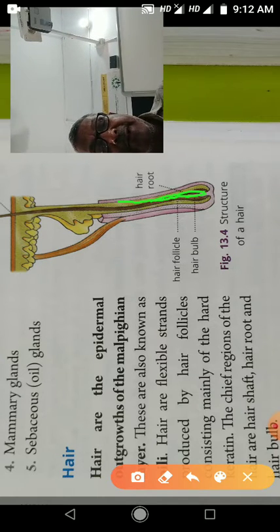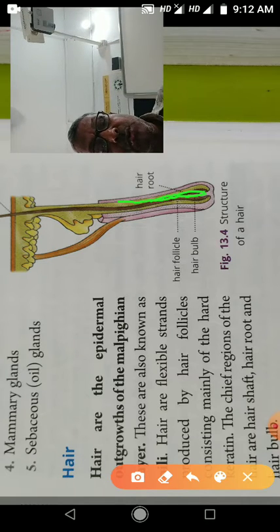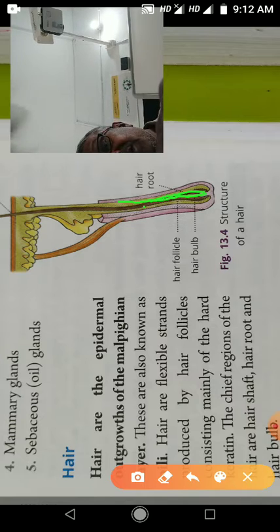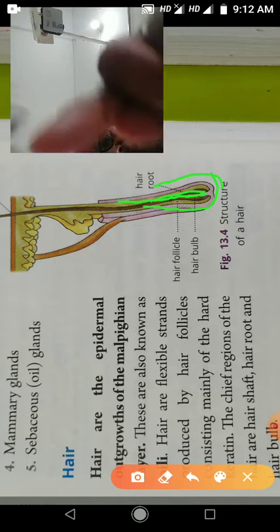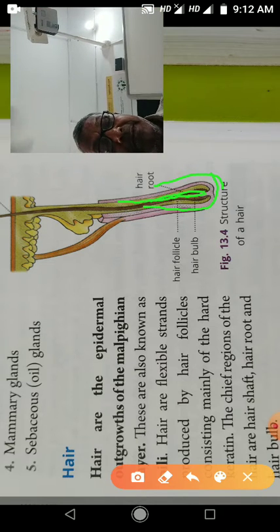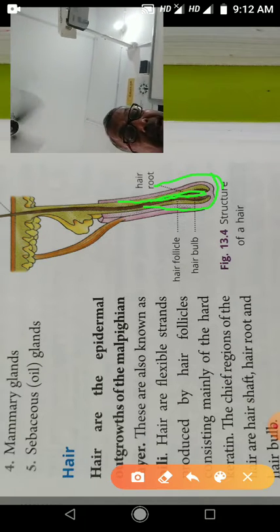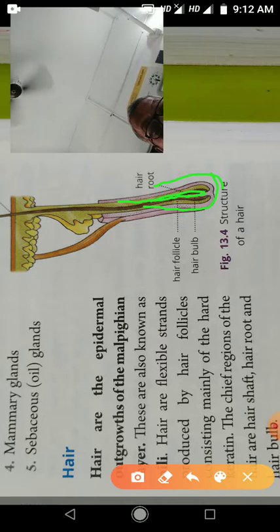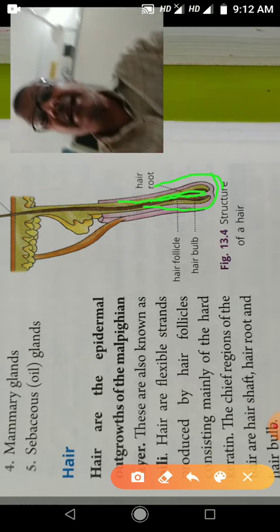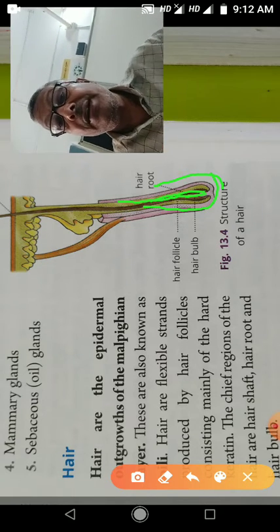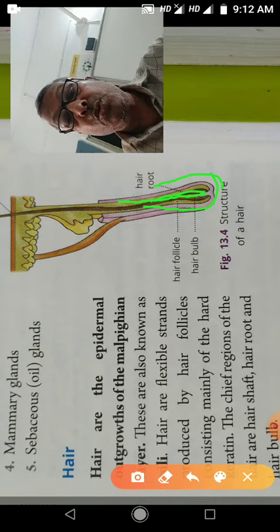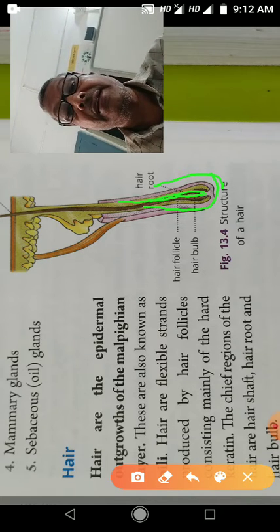And hair bulb is the lowest part of the hair root, enlarged into a soft structure. This structure is called hair bulb. Hair bulb is the only living tissue of the hair. Hair bulb is formed of hair follicles. So three main parts of the hair I told: hair shaft, hair root, and hair bulb.